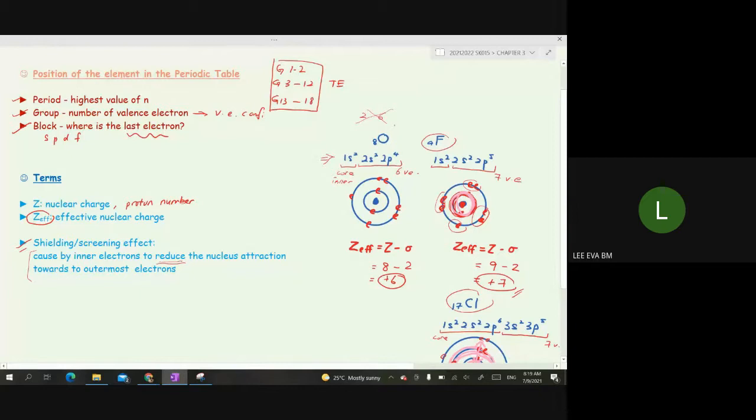How do you call shield in BM? Perisai. The others understand, right? Okay, it's just a protection, actually to protect between the nucleus and the outer electron. So we want to see this terminology that we use to explain another concept.